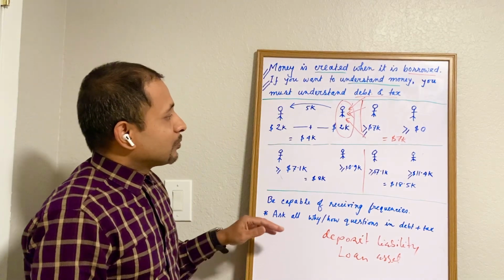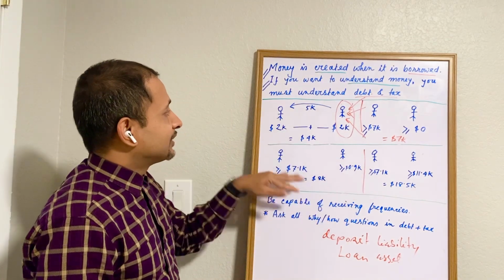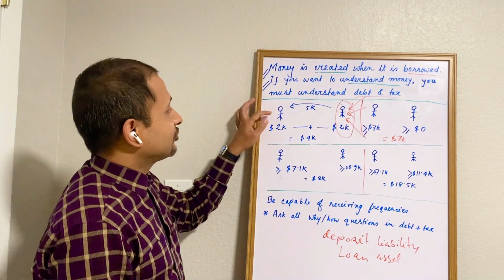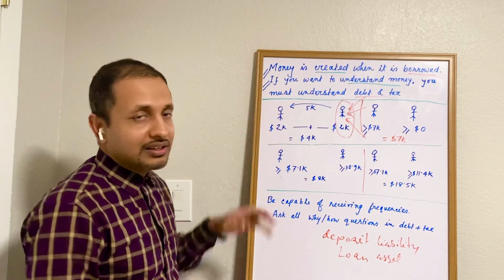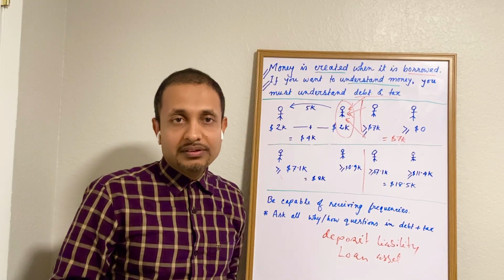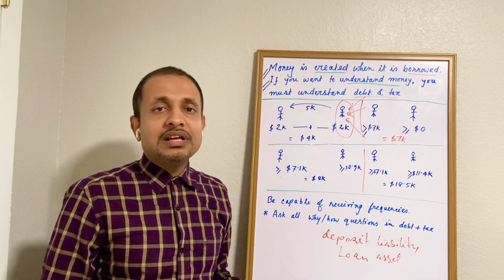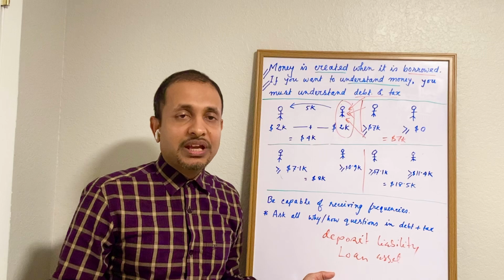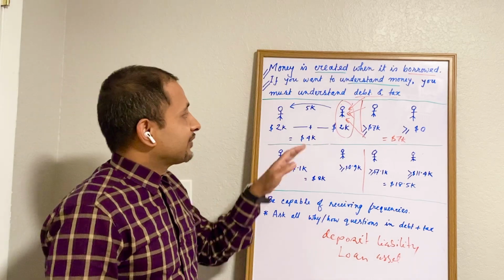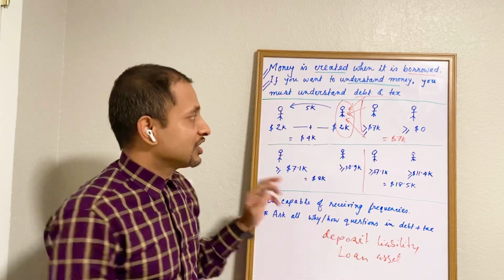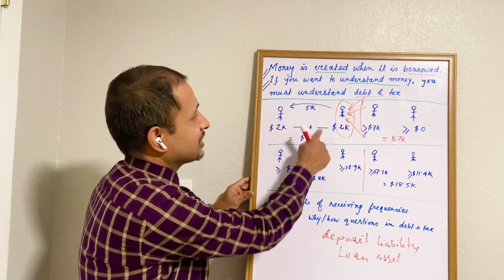Now, most important of everything over here is, ask yourself, this person borrowing $5,000, is he paying any tax for this $5,000? The answer is no. Now the question is why he is not paying tax? Well, that's because he is borrowing money, he is paying interest, and he is creating money.